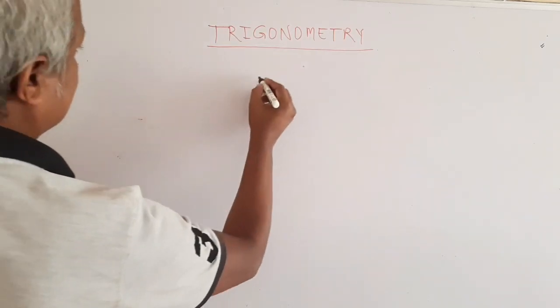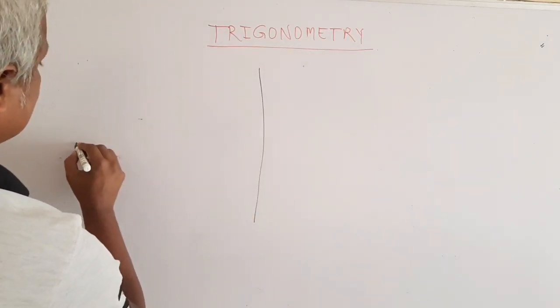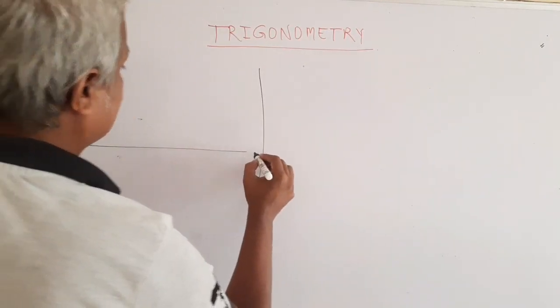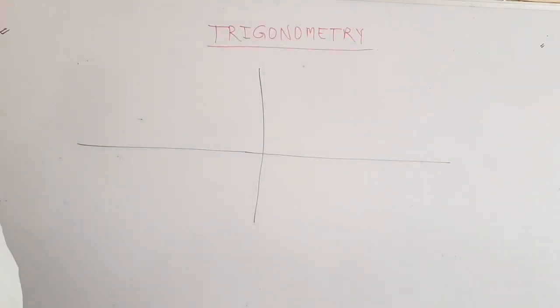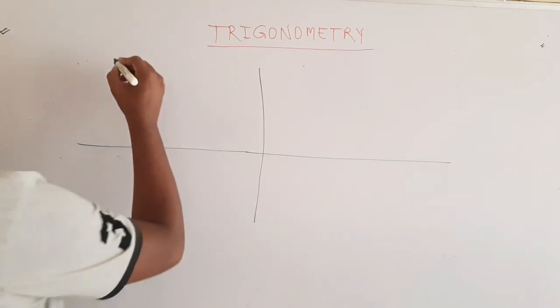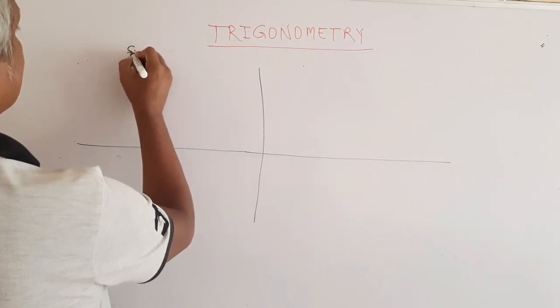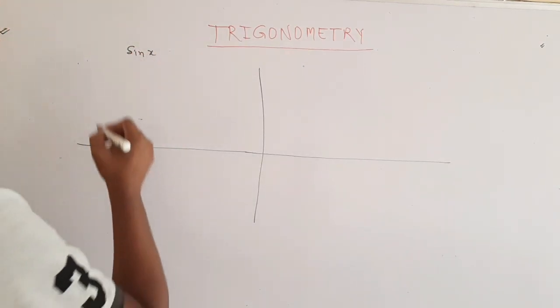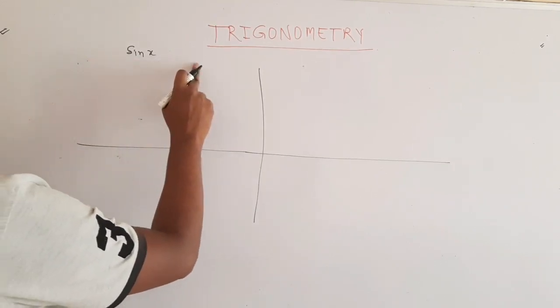So this is my y-axis and this is the x-axis. So you know that the sine function, sine x, is changing its values.